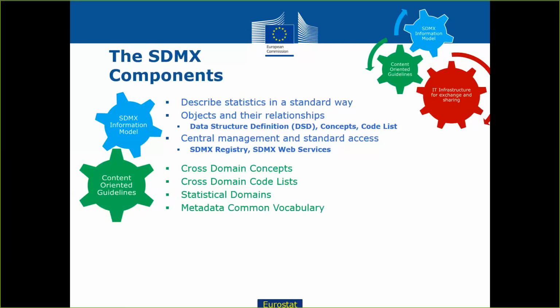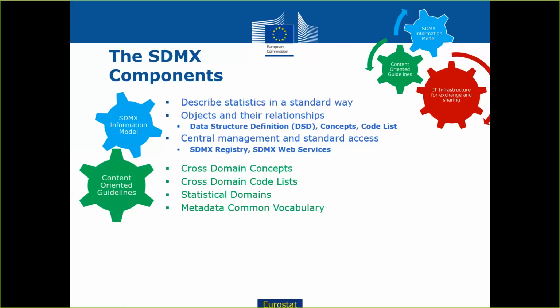This document is very important when we talk about metadata because, for instance, in the SDMX implementation we do here at Eurostat, our structures are based on the concepts that are defined and available in the SDMX glossary. So those are different examples of what is included within the SDMX content-oriented guidelines.